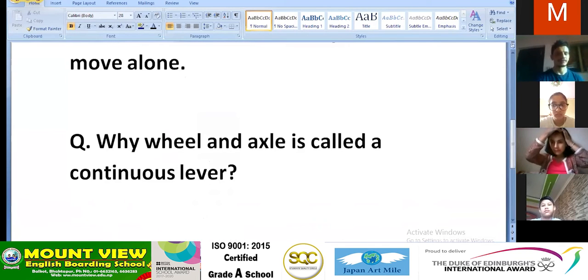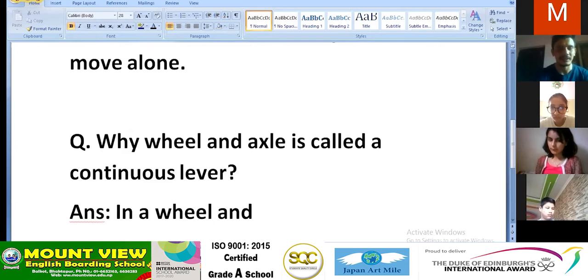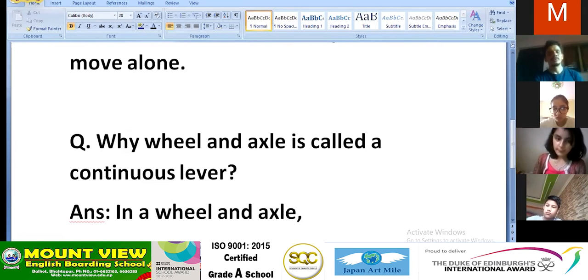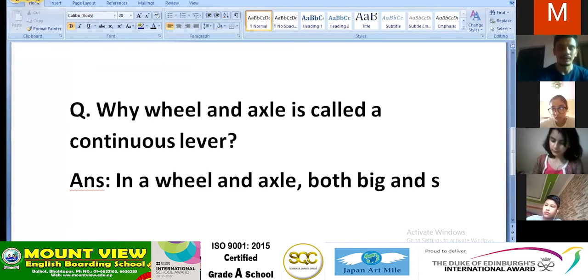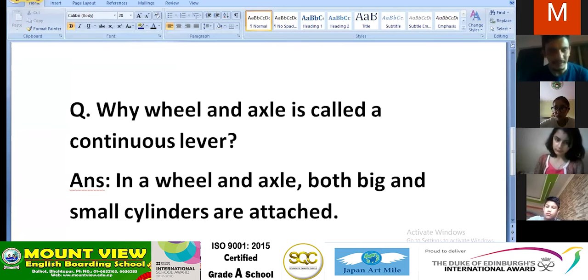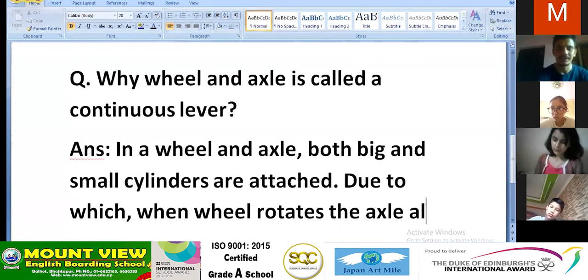It is one of the most important questions. Why is wheel and axle called a continuous lever? The answer is here, or if you want to write, you can write: in a wheel and axle, both big and small cylinders are attached, due to which when the wheel rotates, the axle also rotates.